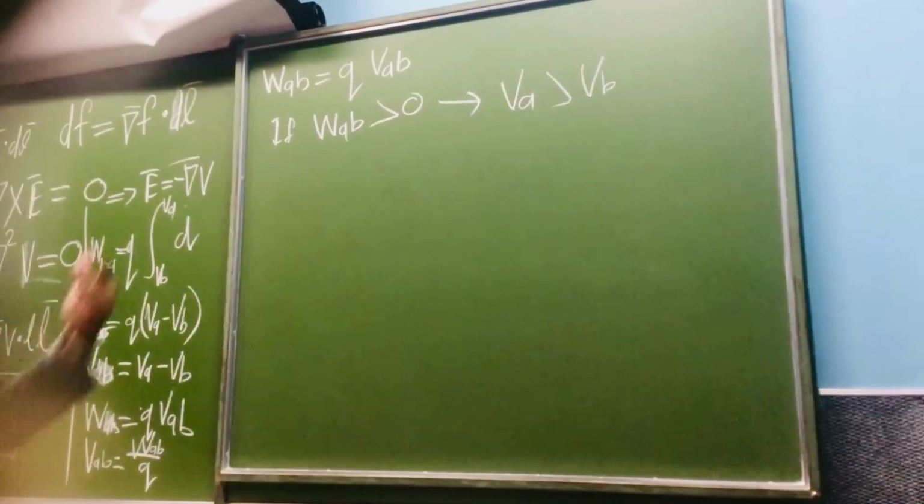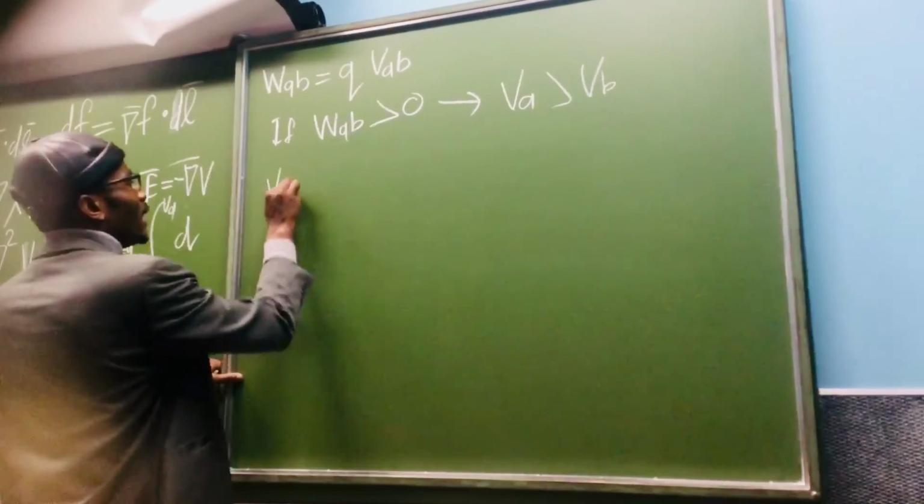In other words, the negative should appear, right? So then we end up having the following, that VAB.